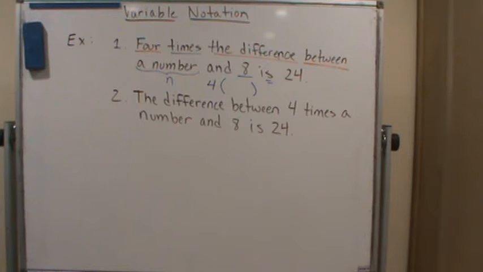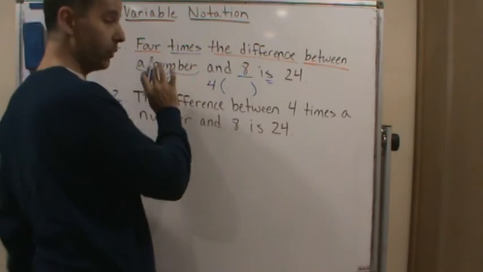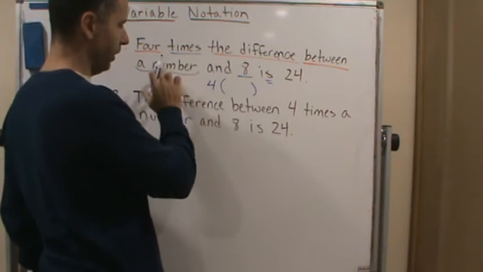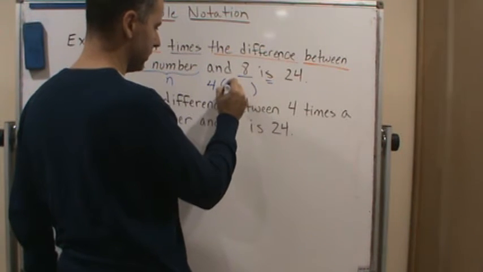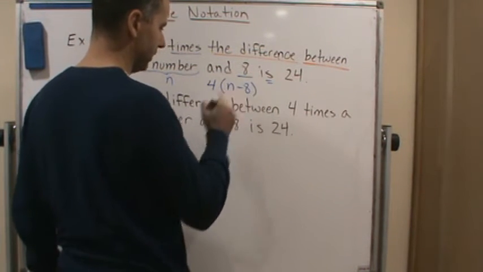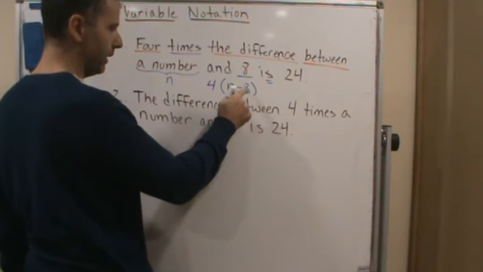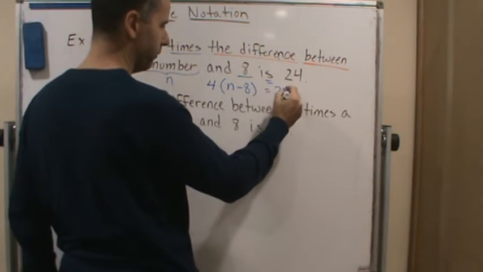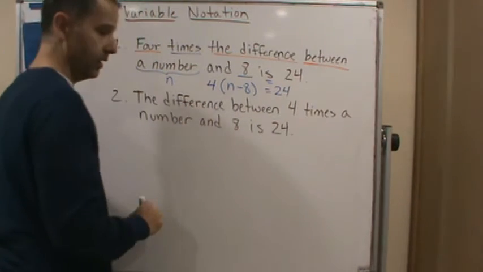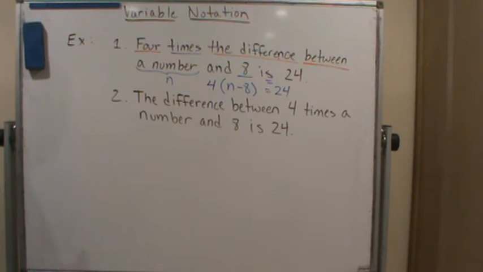The difference between a number and 8. In this case, we always go in the order that's given. The number and 8 would be just n minus 8. So 4 times the difference between a number and 8 is 24, and this is the correct way of writing it.